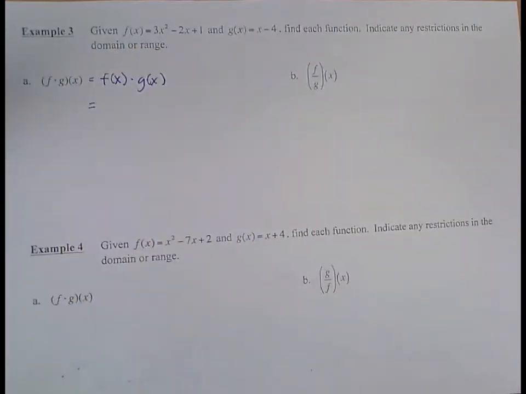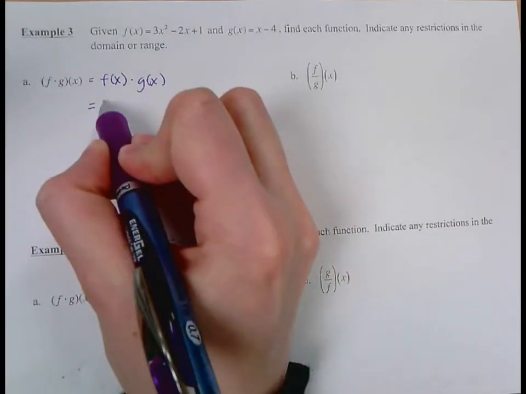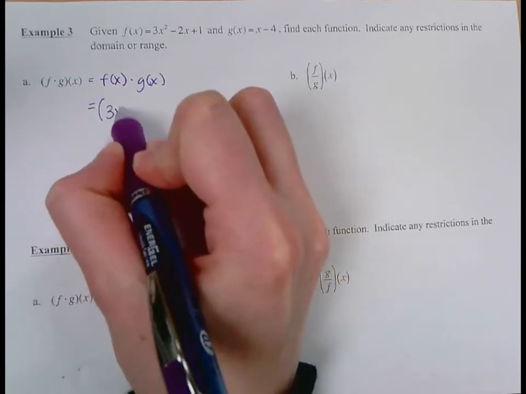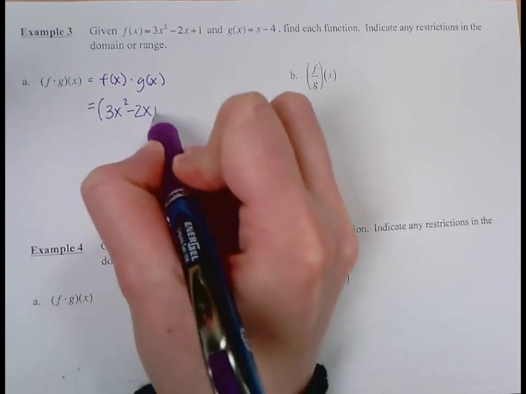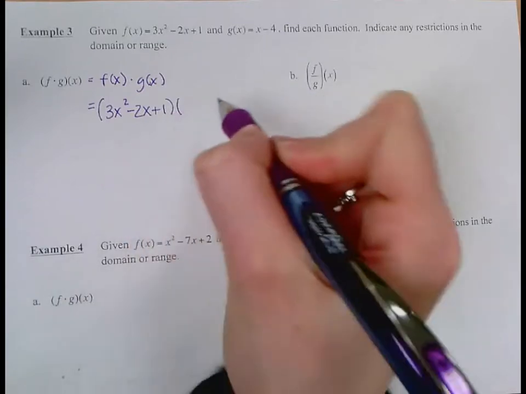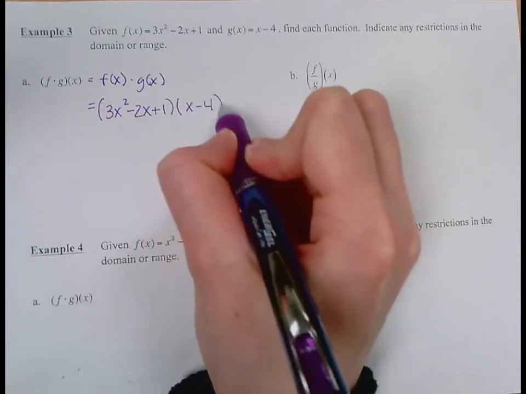And you've already worked with multiplying functions, so if I set this up here, you do want parentheses around both because they're being multiplied. So f of x is the quantity 3x squared minus 2x plus 1 times g of x is the quantity x minus 4.